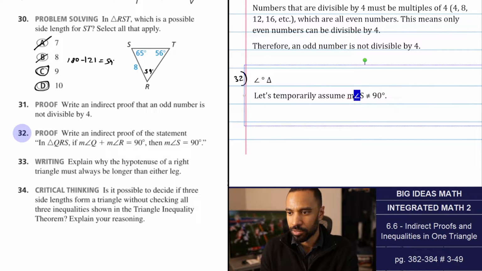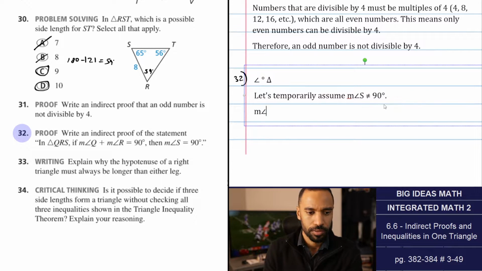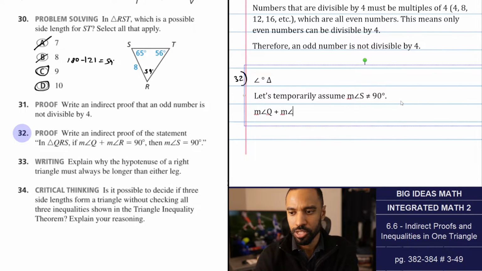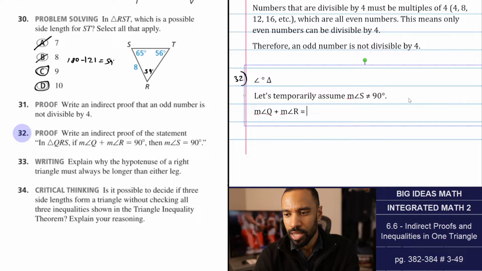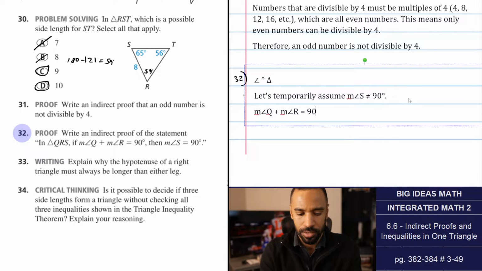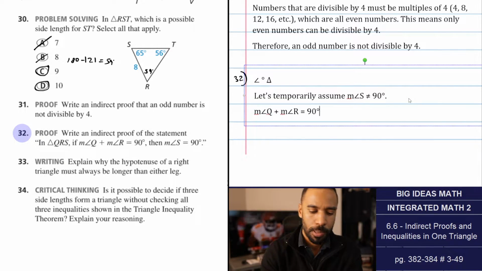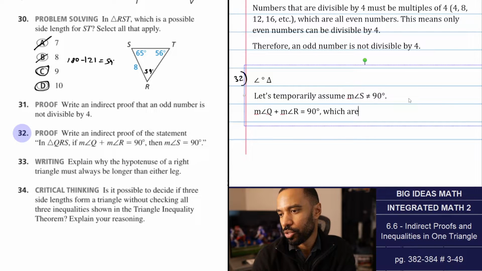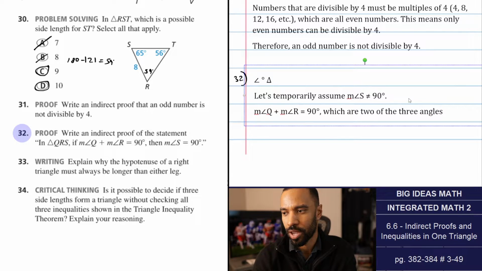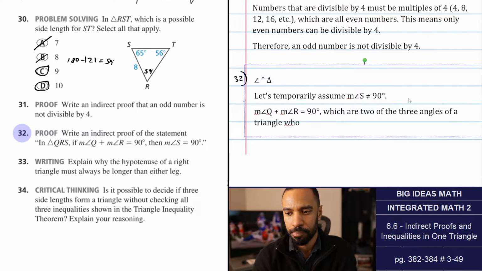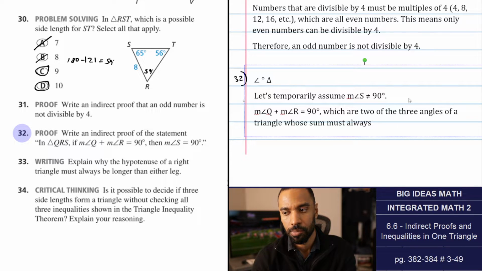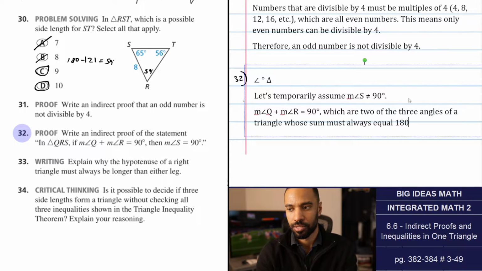Measure of angle Q plus measure of angle R equals 90 degrees, which are two of the three angles of a triangle whose sum must always equal 180 degrees. Okay?